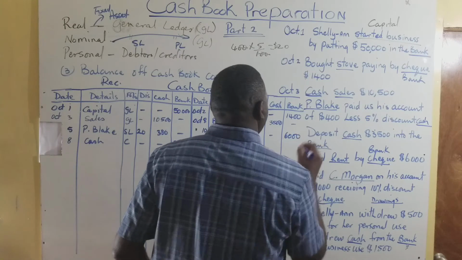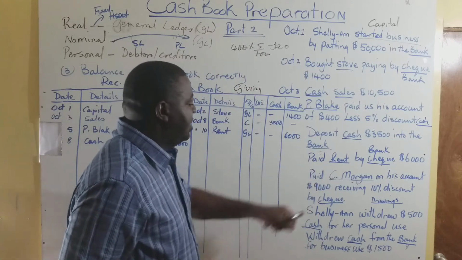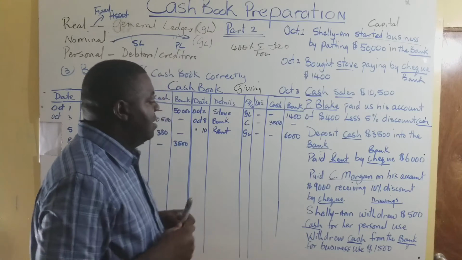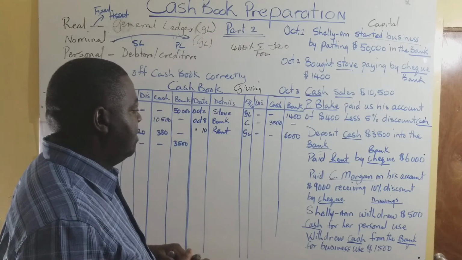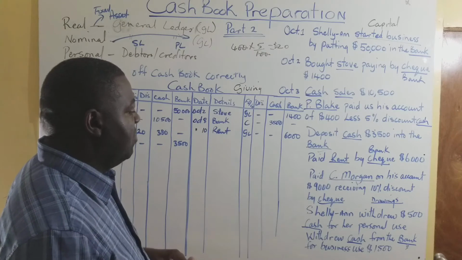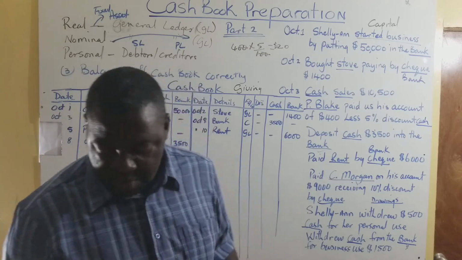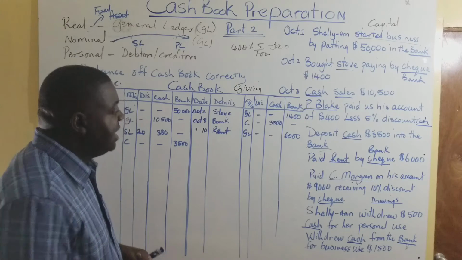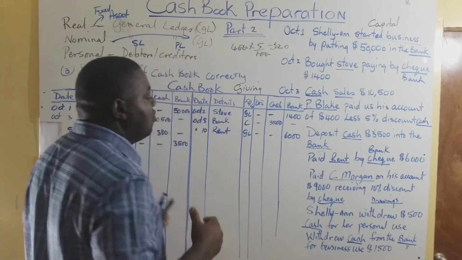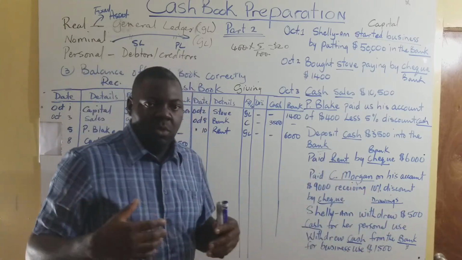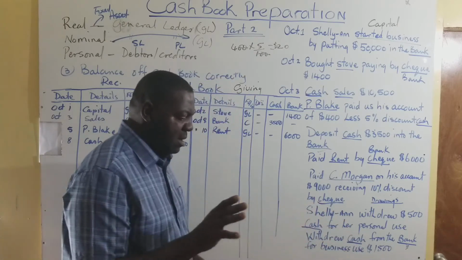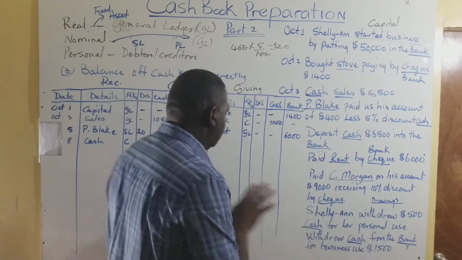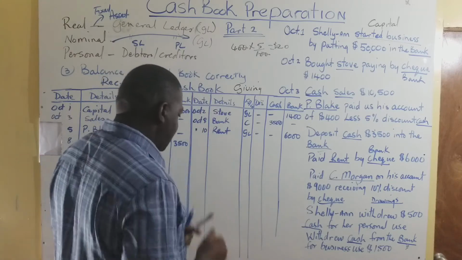Next transaction, we paid C. Morgan on his account, $9,000, receiving 10% discount. This was on the 15th of October, and we are paying him. If we're paying C. Morgan, the money is going out, giving on the credit side.